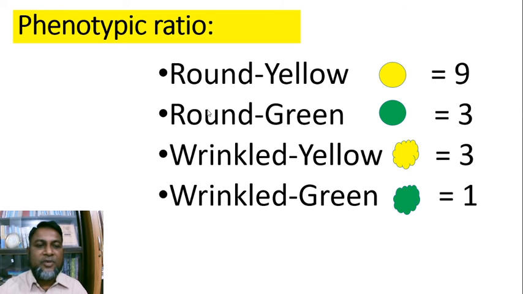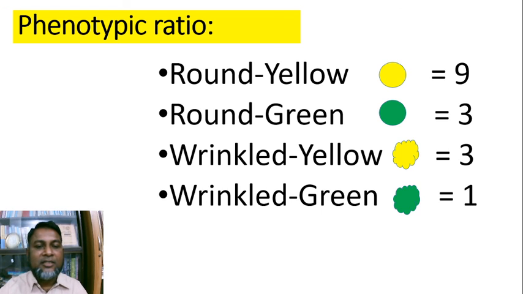Two offspring types, round green and wrinkled yellow, are different from the parents' characteristics. Parental characters are round yellow and wrinkled green. Two different offspring are round green and wrinkled yellow. So we can say that the shape of the seed is not dependent on color.